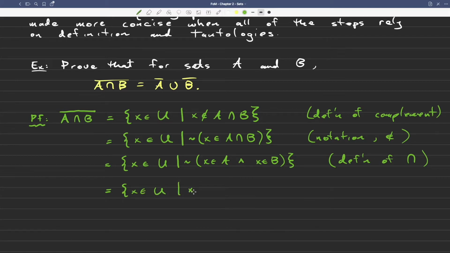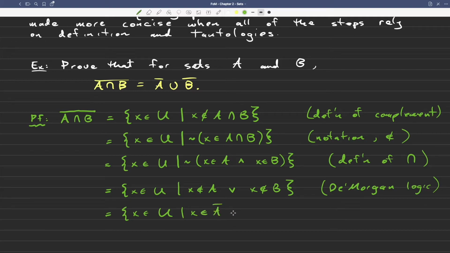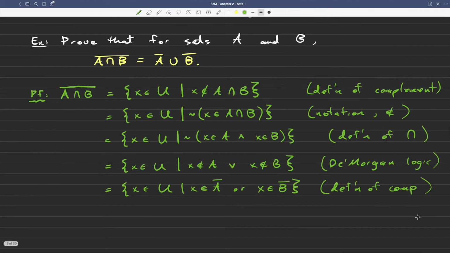So this becomes X is not in A or X is not in B. And then we can write that as X is in A's complement or X is in B's complement. So this is definition of complement. And then lastly, we can use the definition of union. We can just say this is exactly A bar union B bar. And that's just the definition of union.